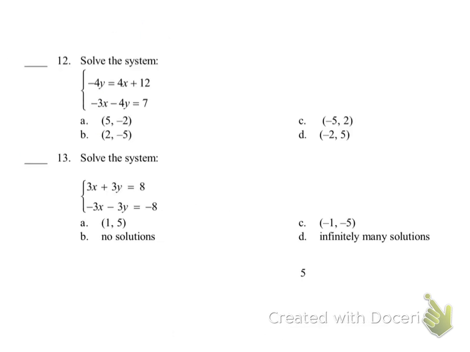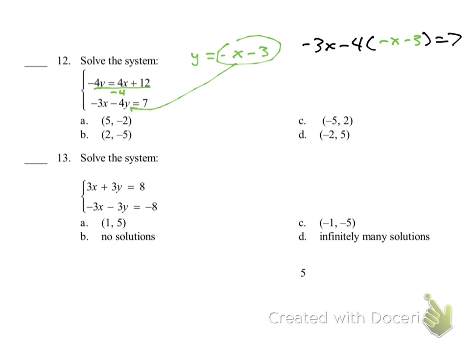All right, 12 and 13. So on number 12 here, I'm going to do substitution. I'm going to divide by negative 4, get y equals negative x minus 3. I'm going to take that and plug it in for y in my second equation. So that will give me negative 3x minus 4 times negative x minus 3 equals 7.